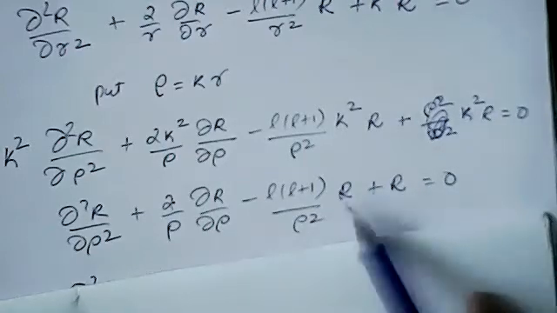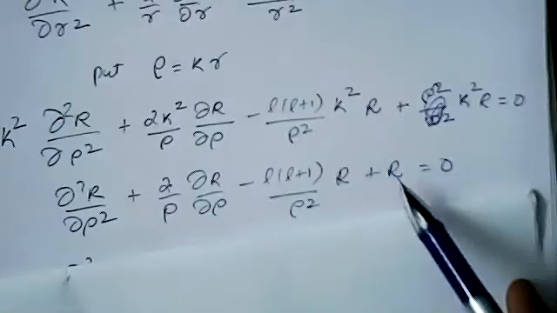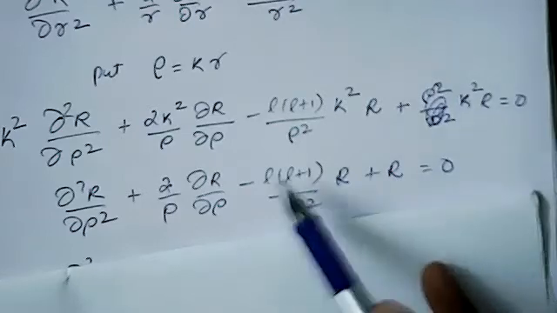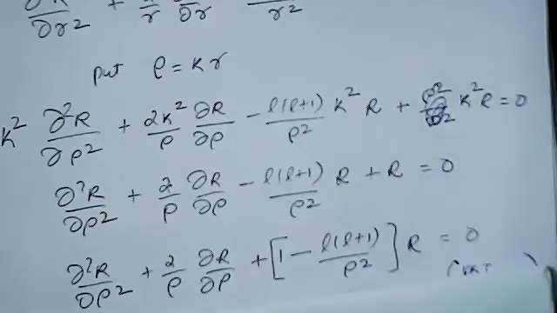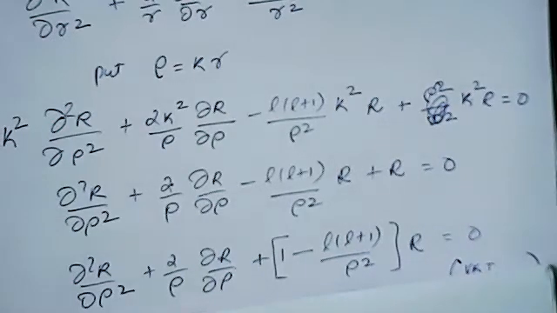Now these two terms R you can take outside. So this becomes 1 minus this quantity. So ∂²R/∂rho² plus 2 by rho ∂R/∂rho plus [1 minus L(L+1) by rho square] all into capital R equal to 0.